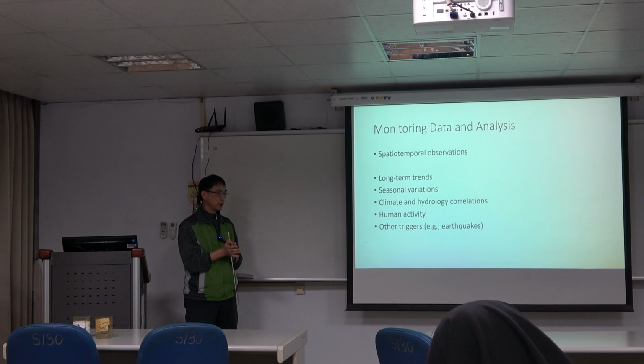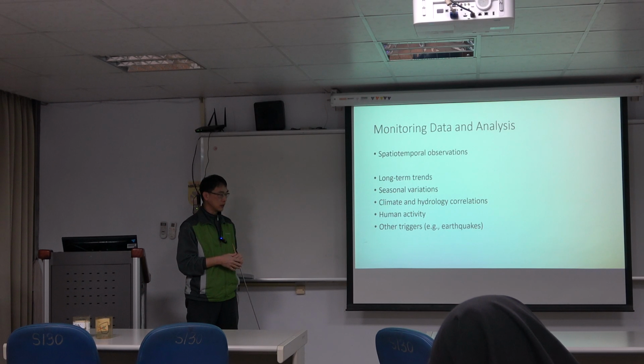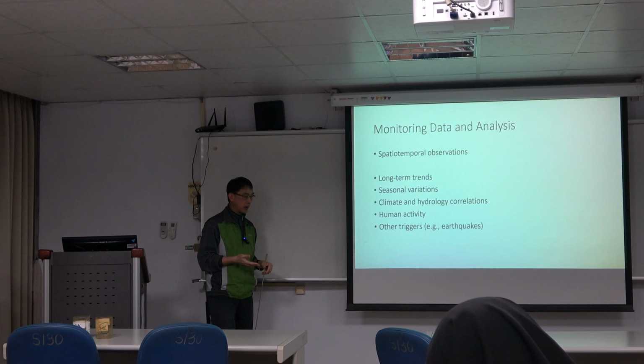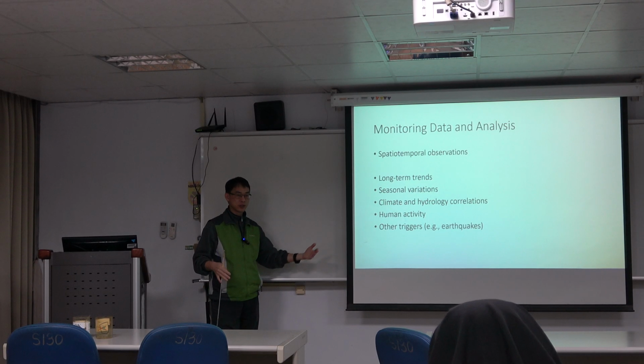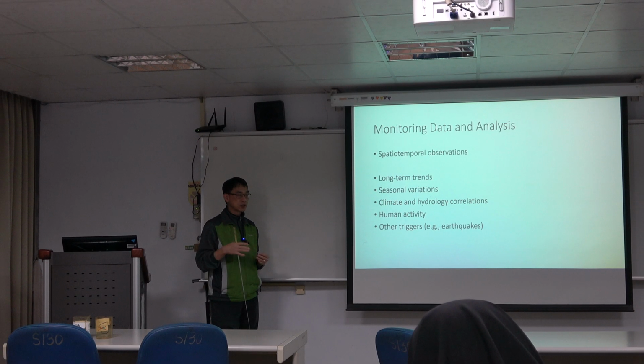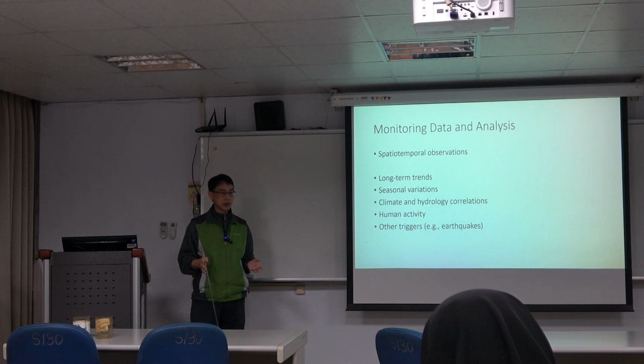And commonly, if you see this kind of step change, that is earthquake-induced triggering. A big earthquake will have very strong influences. Like the Chi-Chi earthquake, it increased the water level by more than 1 meter. And in eastern Taiwan, it could be much larger, and that depends also on the hydrogeological conditions.